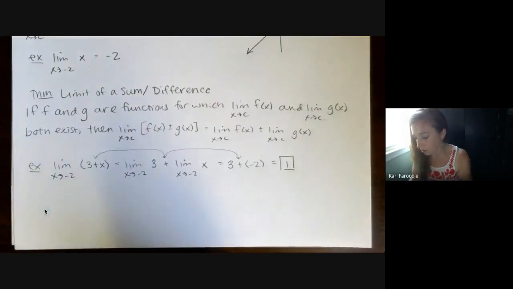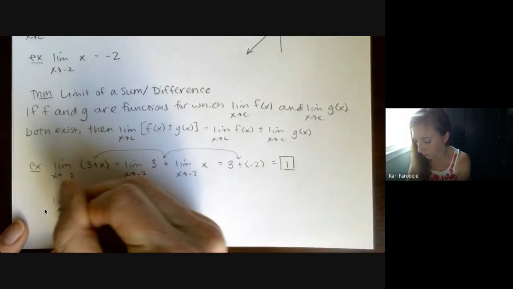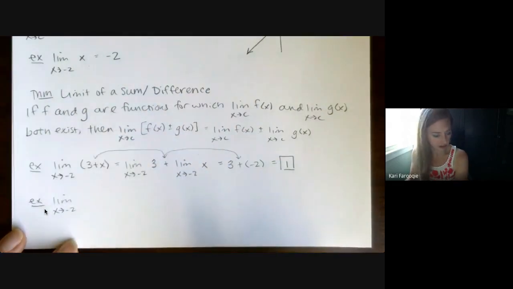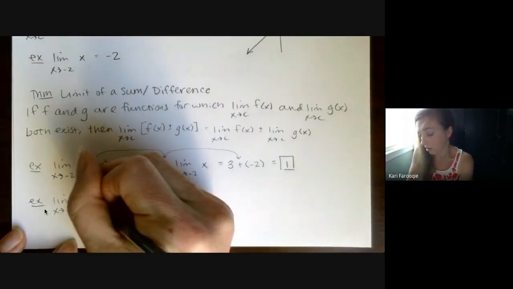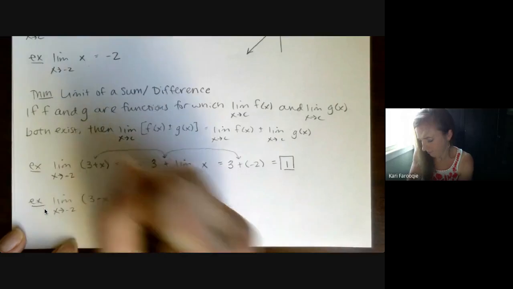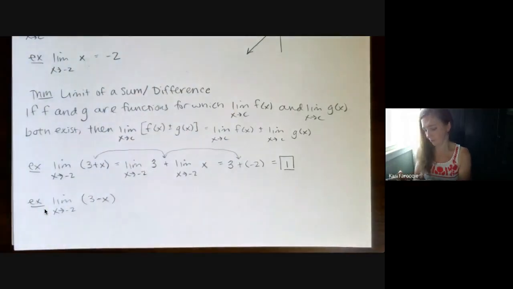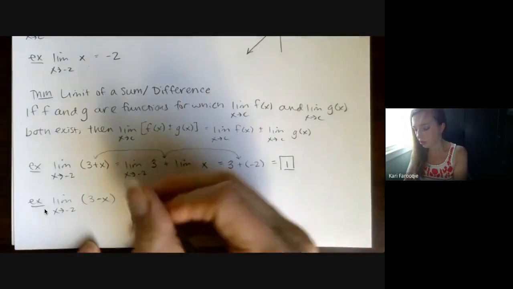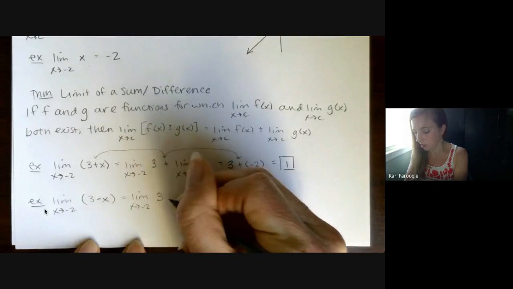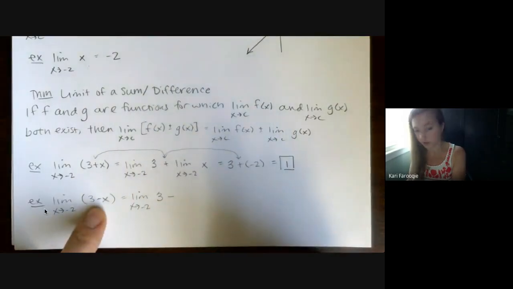But if you want to contrast that with a difference, another example of that would be the limit as x approaches -2 of 3 minus x. And you could do the same thing. You could say the limit as x approaches -2 of 3, and then just carry that minus sign over.